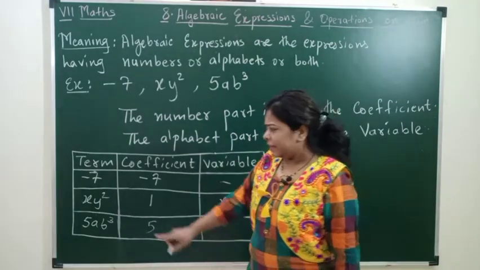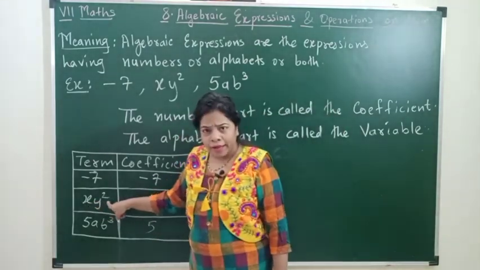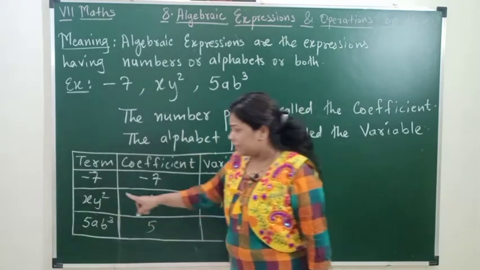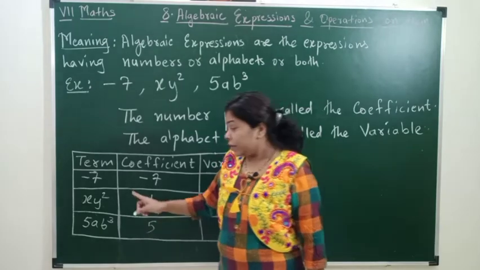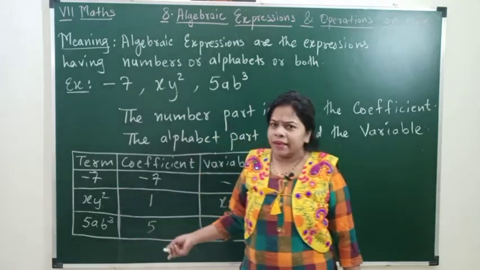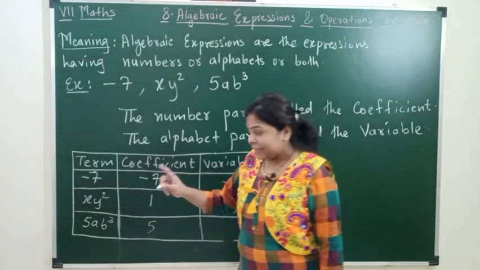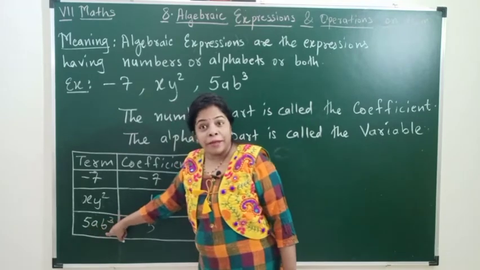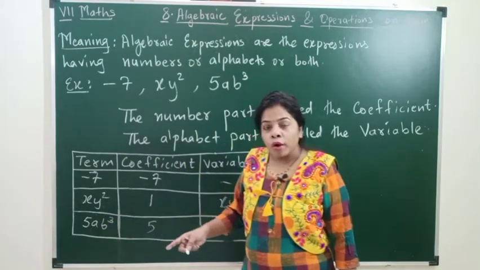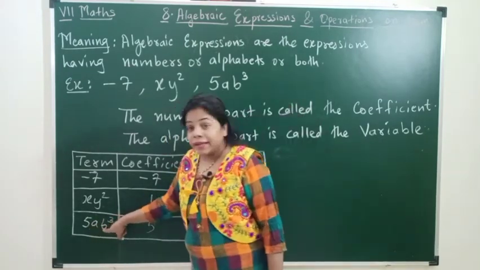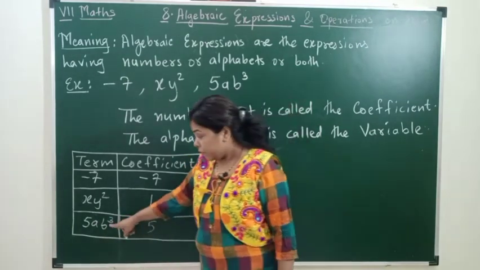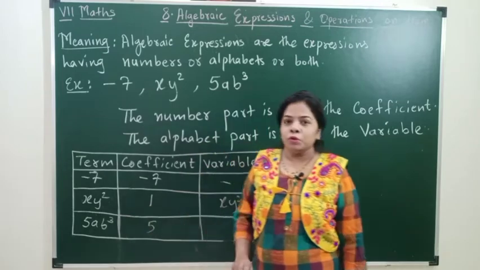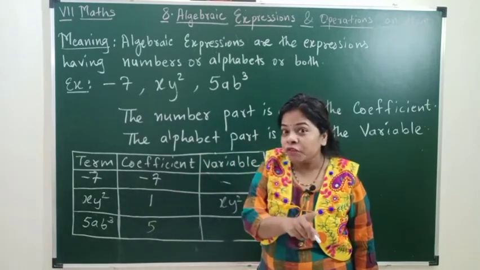So we can read it as xy square, or you can read it as xy raised to 2. Xy to the power 2. You can read it in this way also. Same way, I can read it as 5ab cube or 5ab raised to 3. 5ab to the power 3. This way also you can read, but I have short forms.